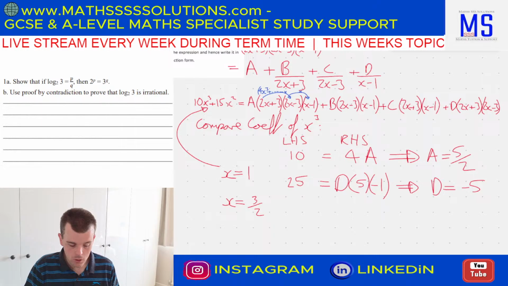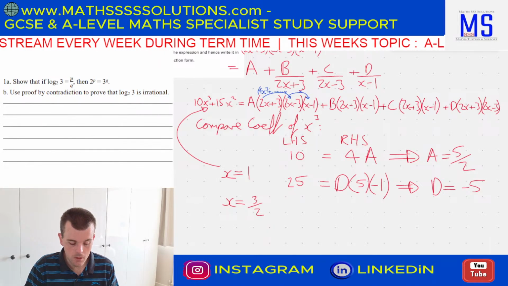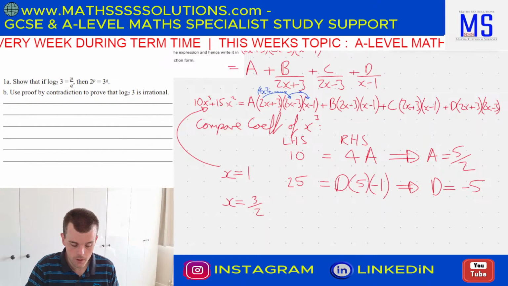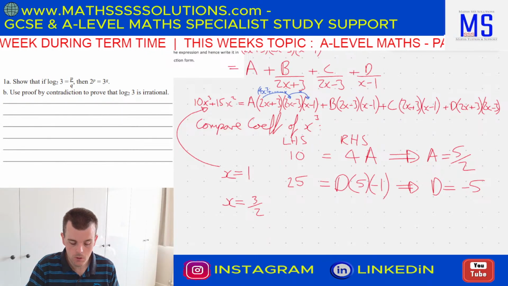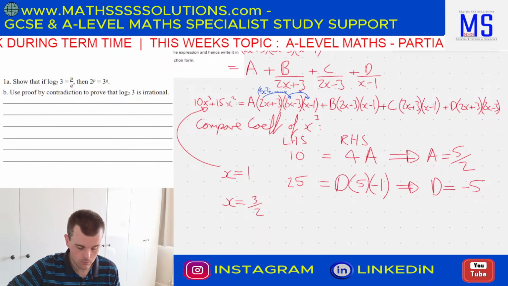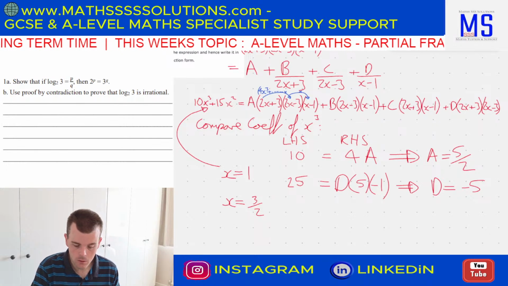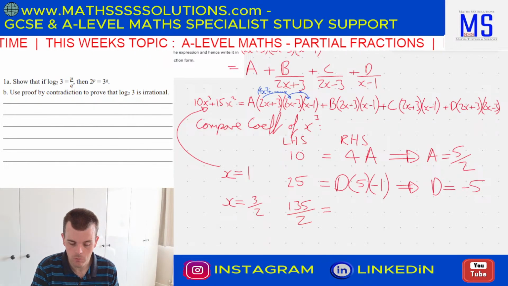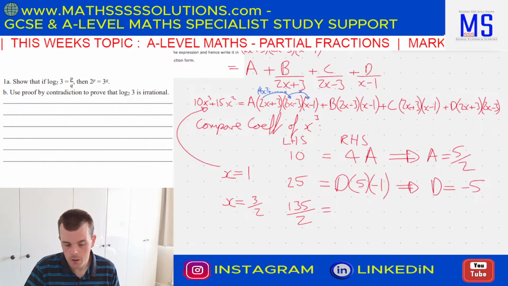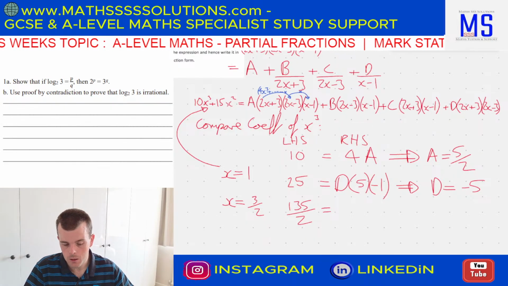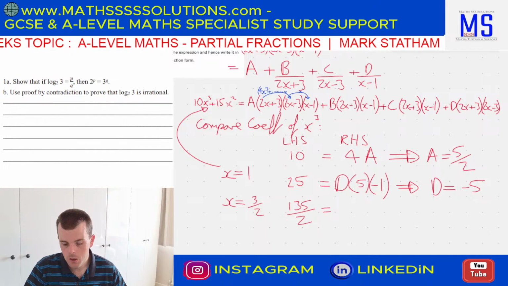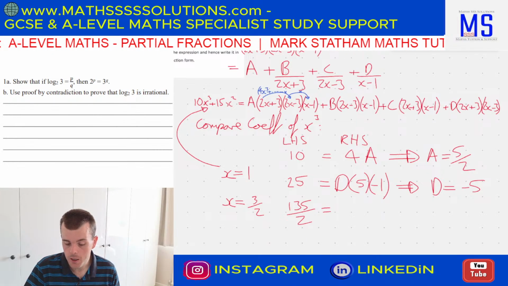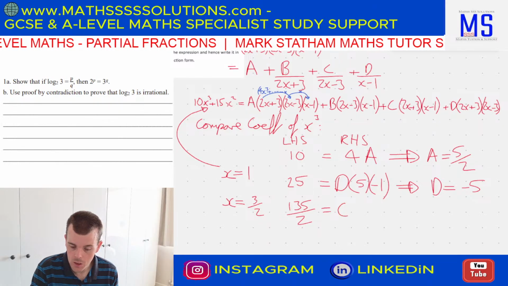And then what you would do here is get 135/2, which is the left hand side. So 135/2, and what does that equal? Well, the nice thing is when you sub it into the right hand side, you can ignore the A, ignore the B, ignore the D, but the C bracket will not be 0.